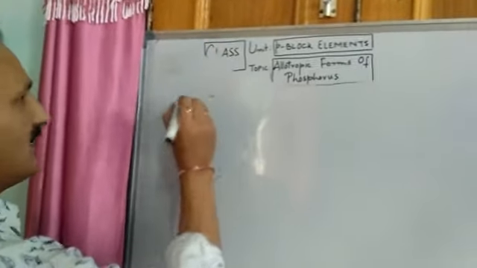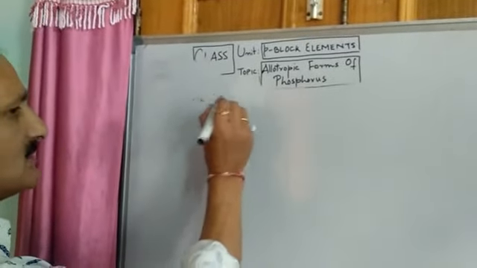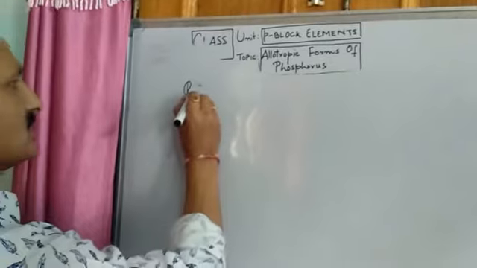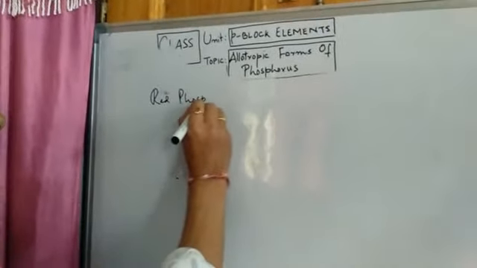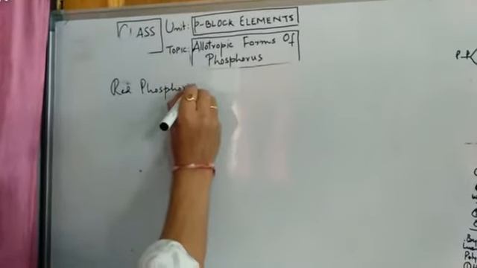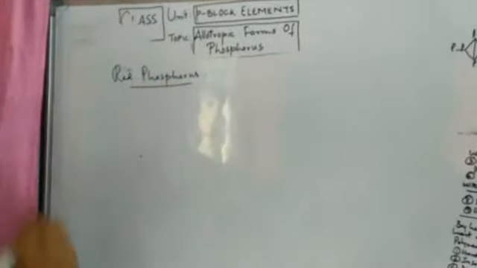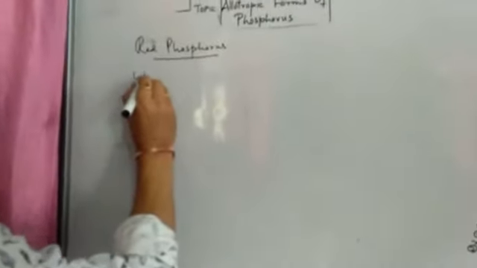Then coming to the second allotropic form of phosphorus, it is red phosphorus. Now first let us know how it can be obtained. It can be obtained by heating white phosphorus.